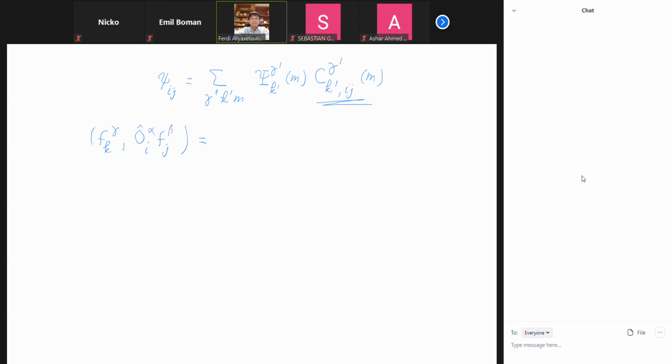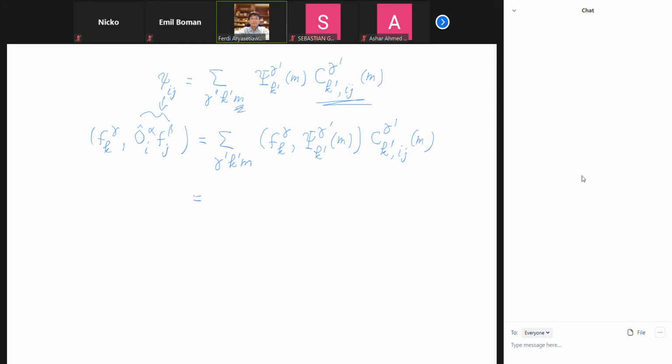Then I just plug this in here, and we get some gamma prime k prime m, j prime k prime, c gamma prime k prime I j m. Just to remind you that this m is again the multiplicity of the same irreducible representation.